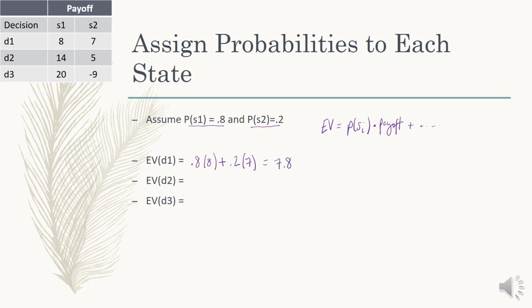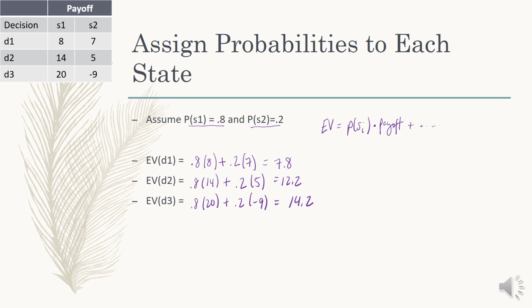So I got 7.8. For D2, it's going to be the probability of state 1 times the payoff for state 1, plus the probability for state 2 times the payoff for state 2, which I got 12.2. And then the last one, probability of state 1 still 0.8 times the payoff for state 1, plus probability of state 2 times the payoff for state 2, which gave me 14.2.